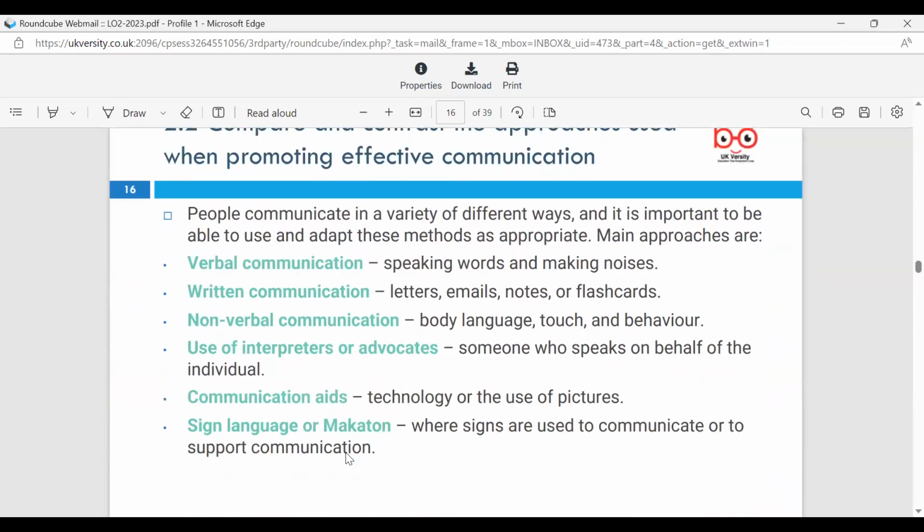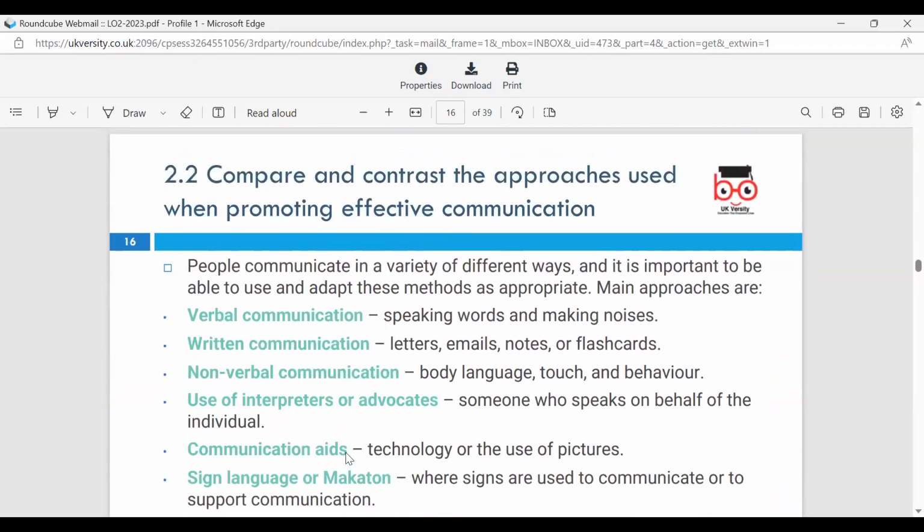2.2. Compare and contrast the approaches used when promoting effective communication. People communicate in a variety of different ways, and it is important to be able to use and adapt these methods as appropriate. Main approaches are verbal communication, so that could be speaking words and making noises.